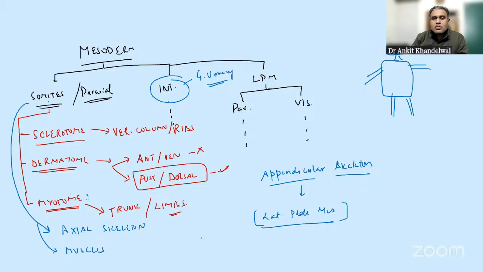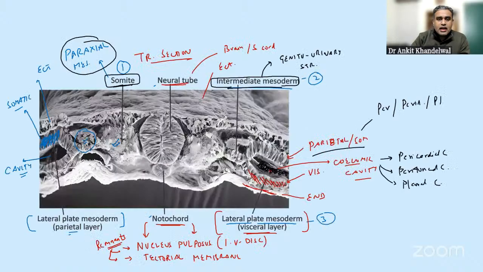So lateral plate mesoderm not only forms the parietal and visceral layer, not only pleura, peritoneum, and pericardium, but also the appendicular skeleton, and even the linings of the heart come from here. So remember this basic mesodermal differentiation. What else is left for us to remember to be derived from is the ectoderm and the endoderm.